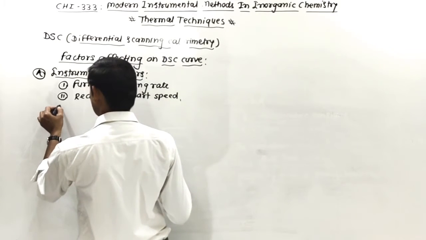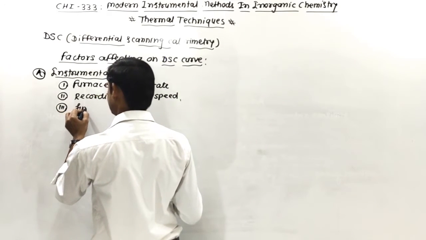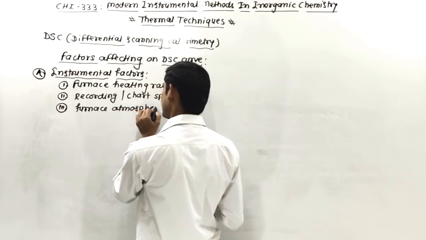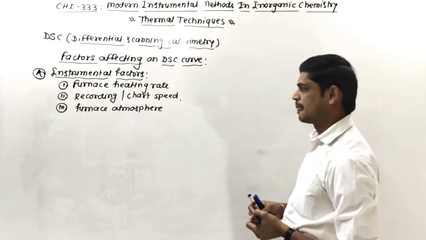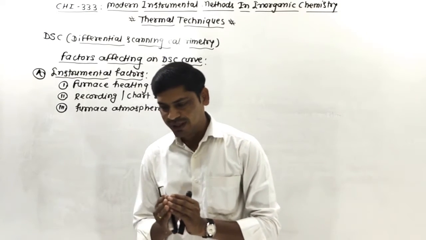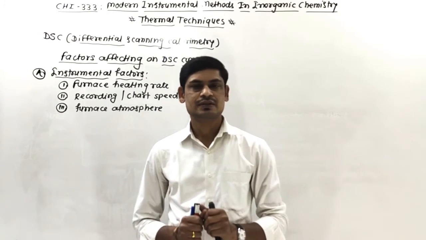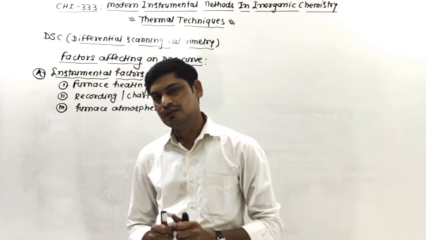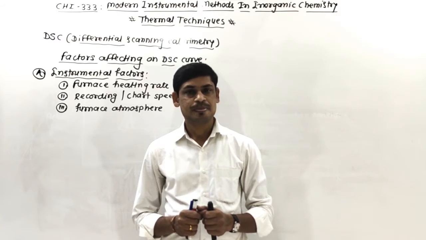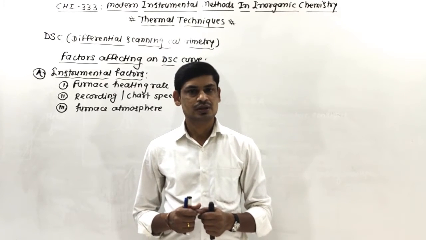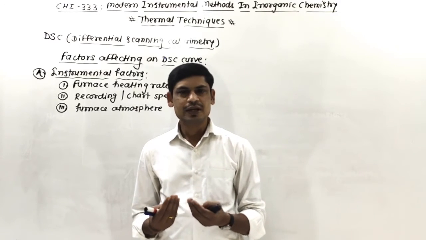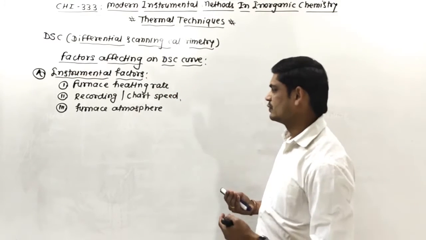Next one is the furnace atmosphere. It is nothing but the gases which are used to maintain the atmosphere inside the furnace. Sometimes we are using a nitrogen atmosphere, argon atmosphere, inert atmosphere. So depending upon the furnace atmosphere, we will get a little bit varied DSC curve.